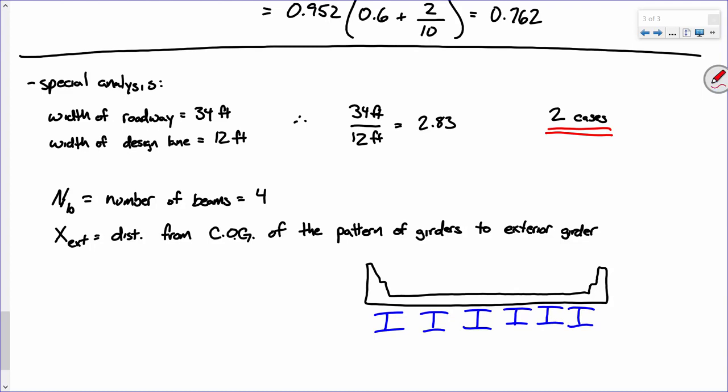This exterior distance is the distance from the center of gravity of the pattern of girders to the exterior-most girder. So that would be x ext. Okay? So help me out. For our pattern of girders, what would that be? The center line web, yes, center line web.